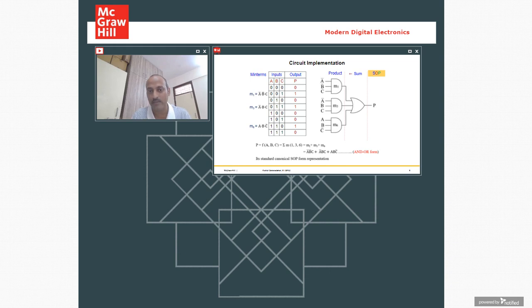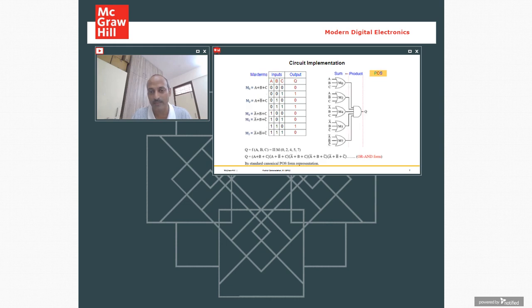So this is two stages: first stage is AND gate, second stage is OR gate. But in the next implementation of the same expression, the requirement is 5 OR gates of 3 inputs and one AND gate with 5 inputs. So this is another way to realize the expression.